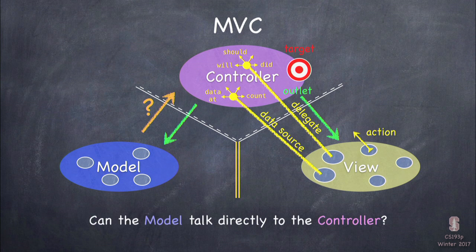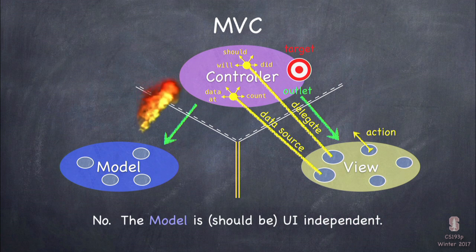All right, now what about the model communicating with the controller? Okay, now this can never happen as well. Because the model is UI independent, it knows nothing about any particular UI, so there's no way it could talk to a UI guy like the controller, okay? So what happens, though, if the model changes, the data changes? That controller needs to know because it wants to update the screen in that case. Well, the way we do that is with a model that kind of looks like a radio station.